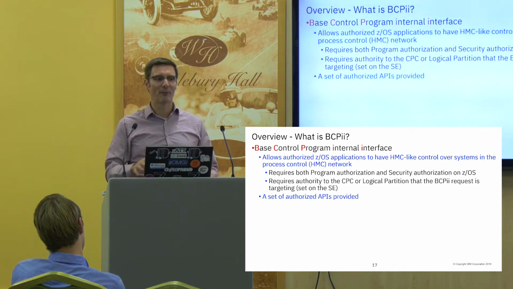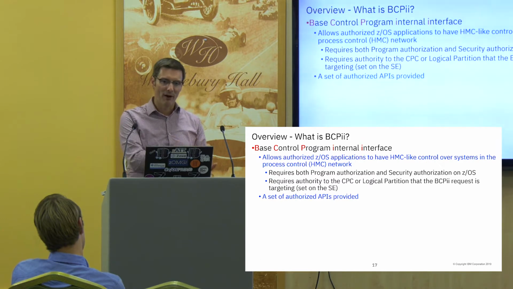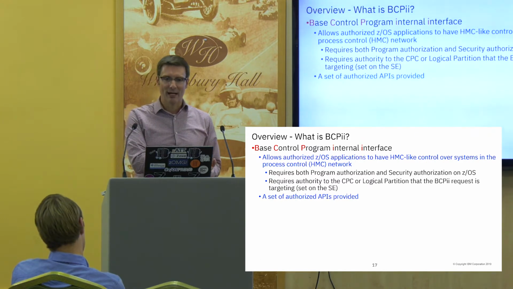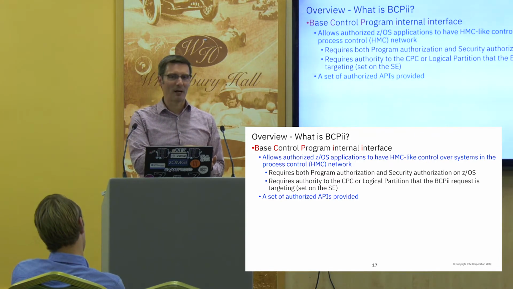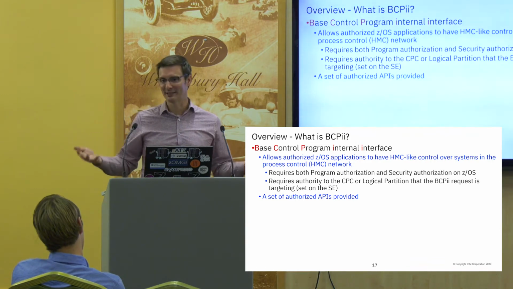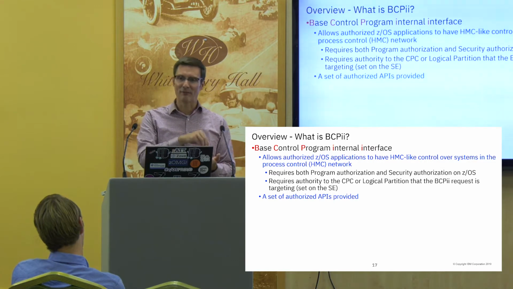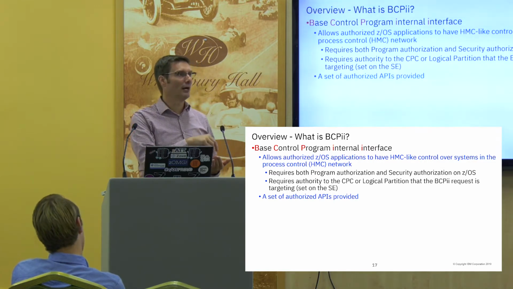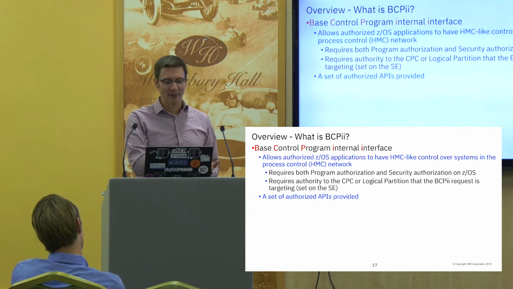So Base Control Program is the lowest part of the operating system. It's the part that is probably the most critical, and if there are problems in the BCP, you have really big problems. Okay, that's like managing dispatching of work on the system. So it's part of that lowest level in the operating system.